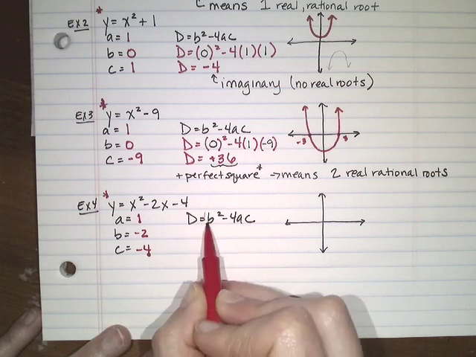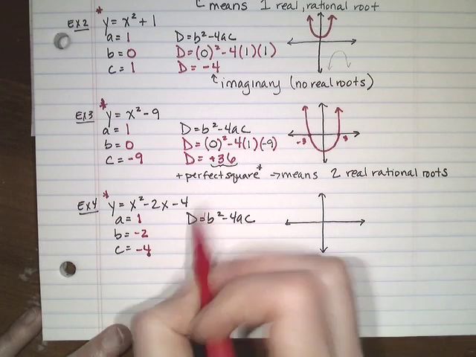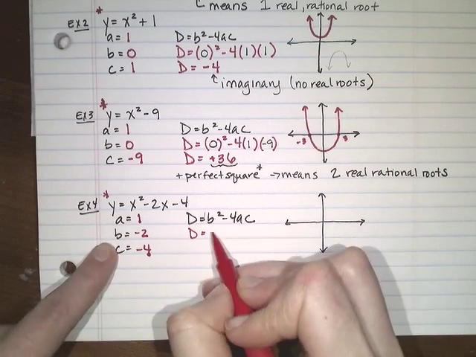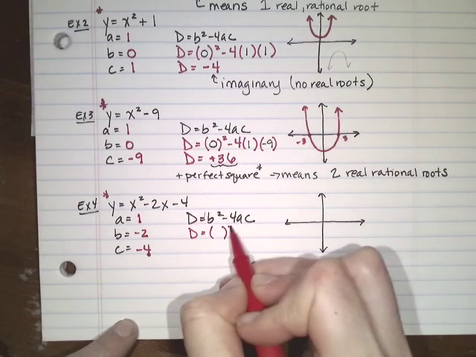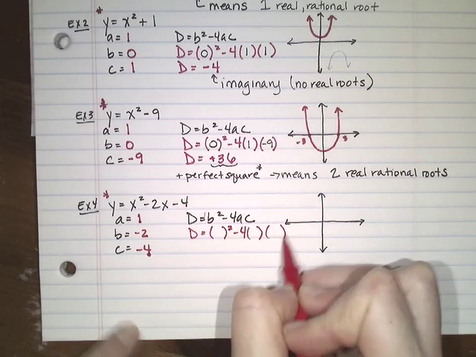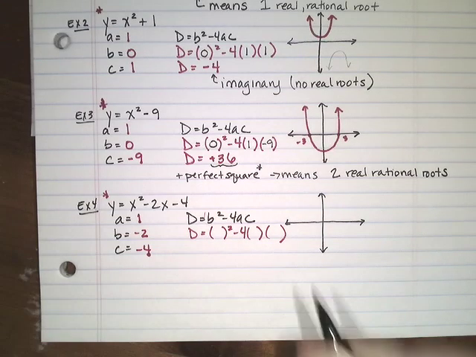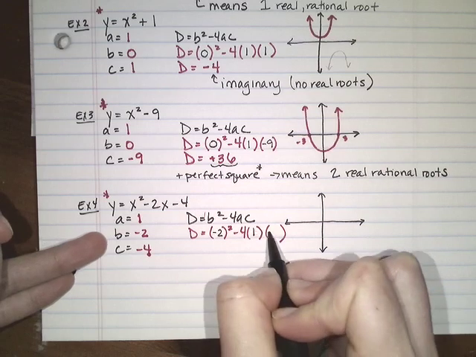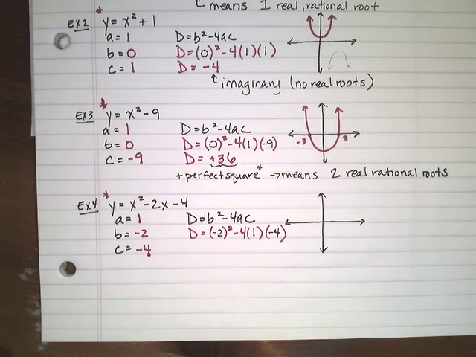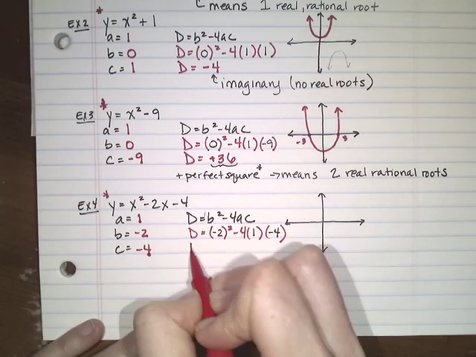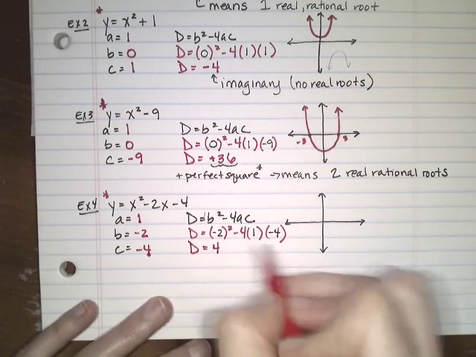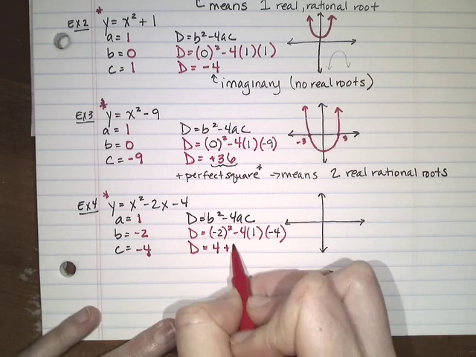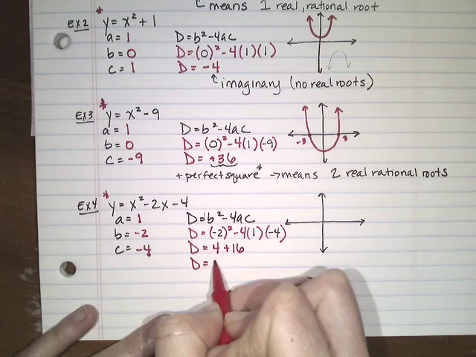That's just what's underneath the radical in the quadratic formula, where our discriminant equals B, which is negative 2 squared, minus 4 times A times C, 1, and negative 4. The discriminant equals 4. Negative 4 times 1 times negative 4 is plus 16. So my discriminant equals 20.